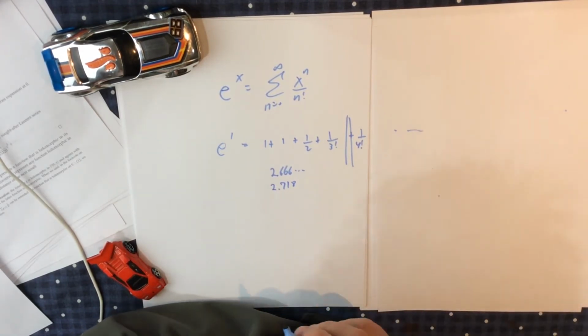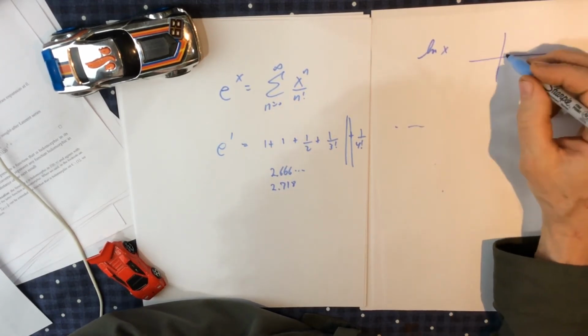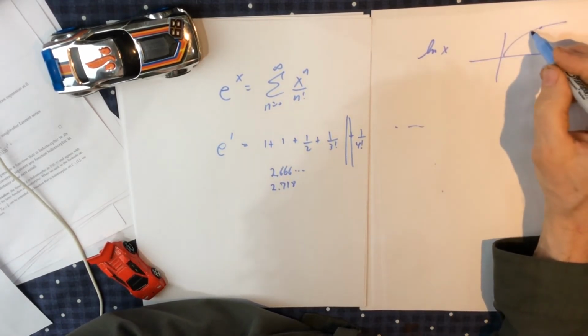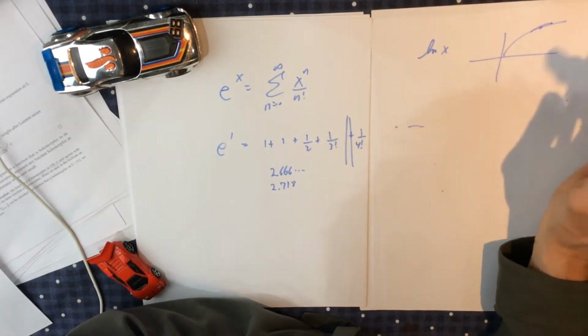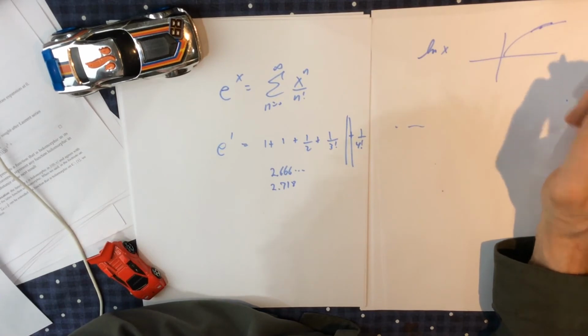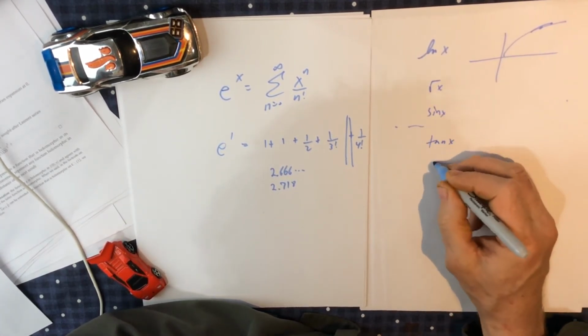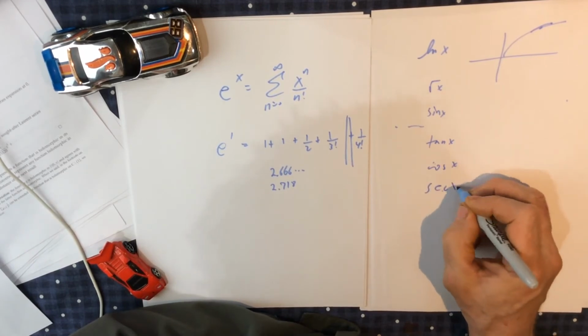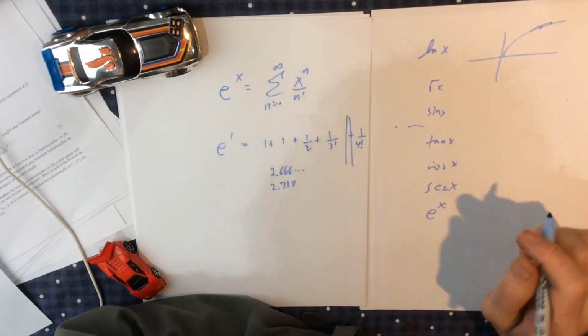What's really interesting is ln x. Turns out if you pick some value near what you want to do and calculate a Taylor series for that, you can get values for ln x, square root of x, sine of x, tangent of x, cosine of x, secant of x, e to the x, all those buttons on your calculator.